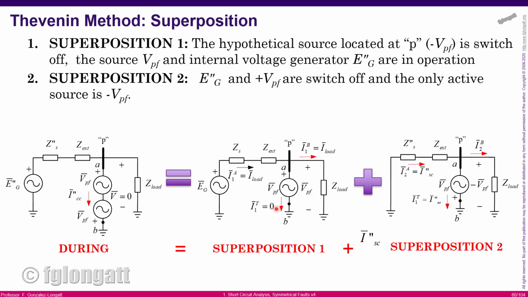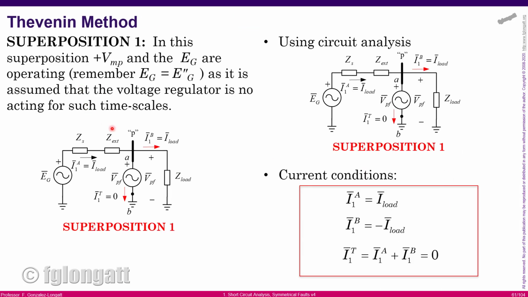And that is beautiful because in the second superposition, I switch off this voltage source and that voltage source, and now we have the voltage source with the positive polarity going to ground. And that is a situation where we can see that there is some current going through this voltage source, okay?